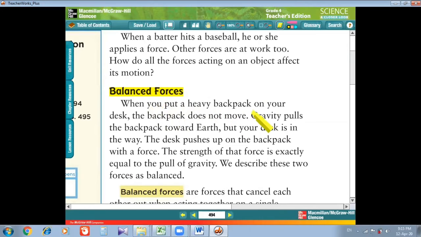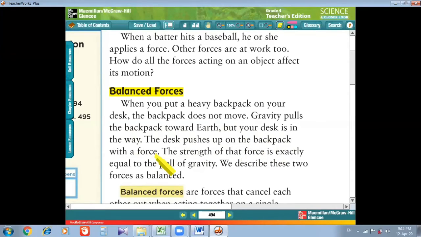When you put a heavy backpack on your desk, the backpack does not move. Why doesn't it move? Because gravity pulls the backpack towards earth, but your desk is in the way. The desk pushes up on the backpack with a force.